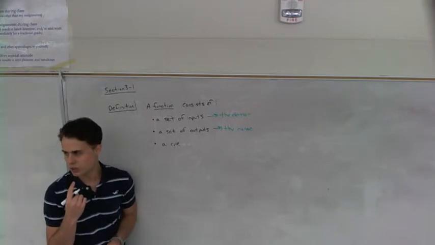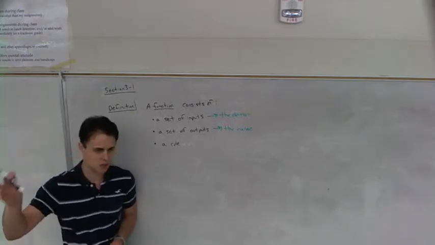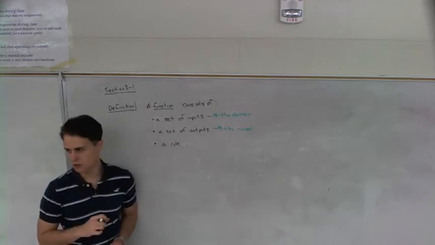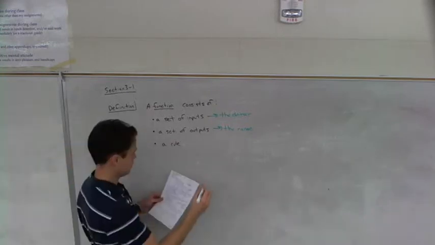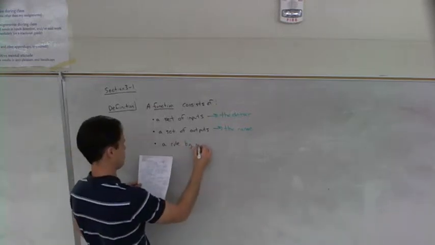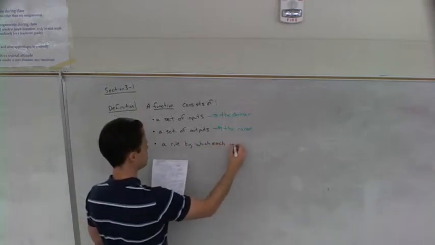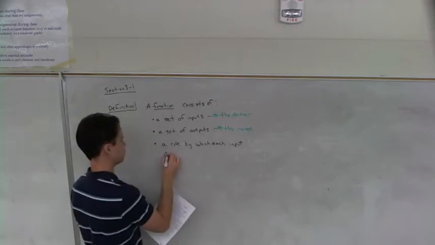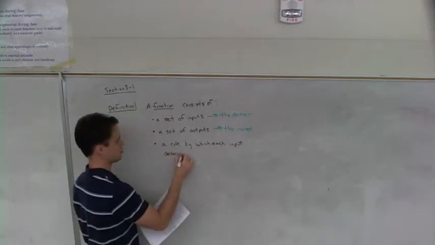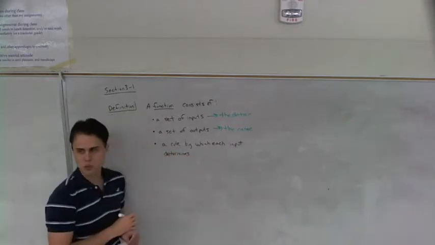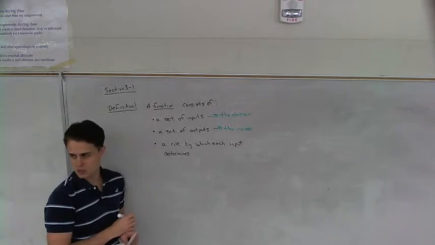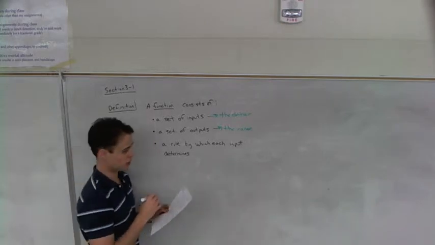When I say the equation of a function, I'm speaking incorrectly. A function is not an equation. An equation has something equal to something else. A function has a rule. It's a rule by which each input determines or computes how many outputs? Just one.